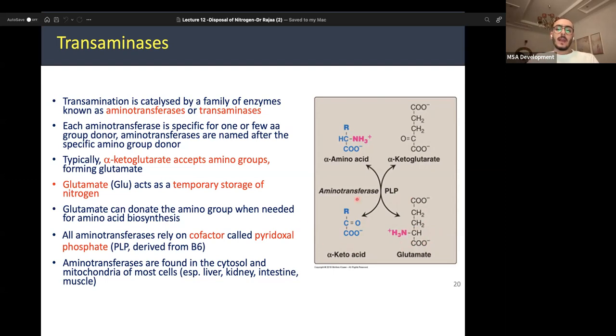This is the second most important thing. And then we are left with a form of energy that your body can deal with, called alpha keto acid generically. It can be pyruvate, can be oxaloacetate. The fourth and last one to know is the cofactor, written here as PLP, which is pyridoxal phosphate, which is vitamin B6.